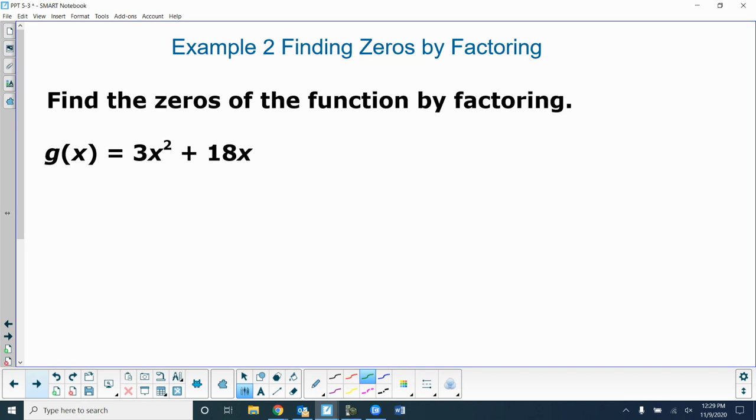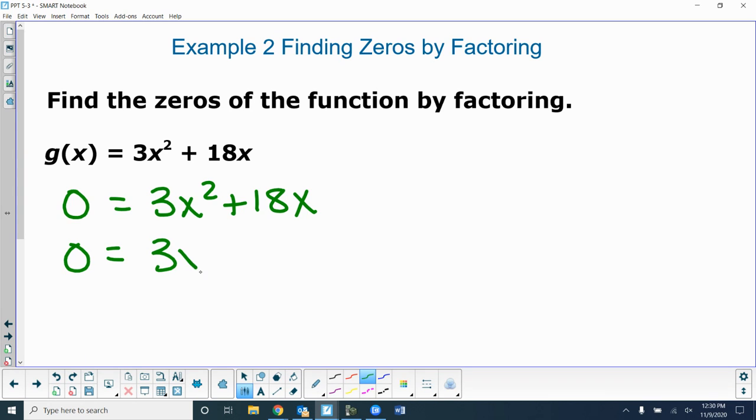First of all, we do this, right? Set it equal to 0. Again, you put the 0 on the other side. That's fine. Doesn't matter. But 3x goes into both terms, doesn't it? Isn't that a common factor to those two?